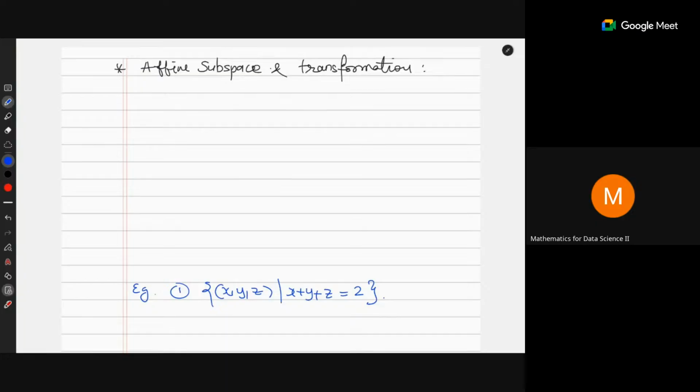Okay, now let's talk about the affine subspaces. Let me recall the definition.